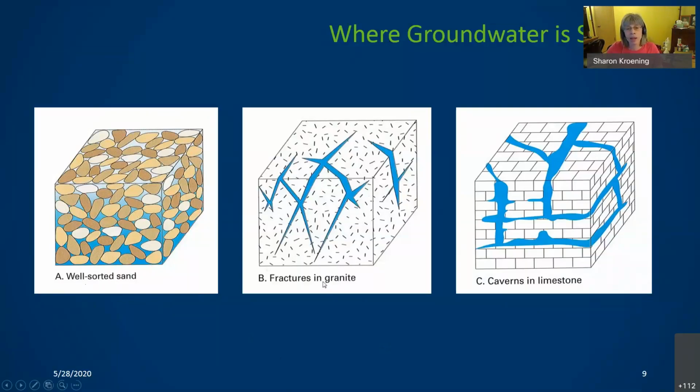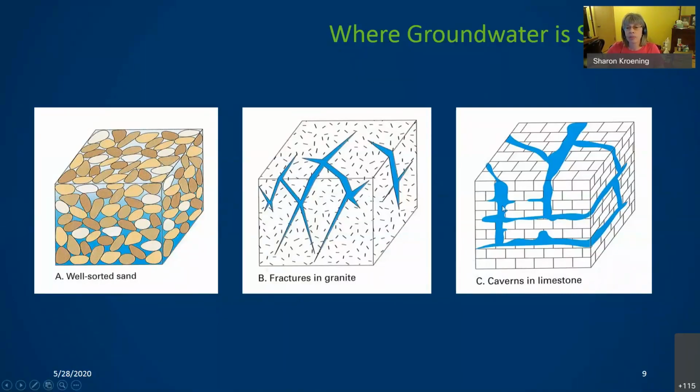The remaining groundwater, as I said, is stored in fractures in rock, like what's shown here in image B, which depicts fractures in granite, which mainly would be a source of groundwater in northeastern Minnesota and parts of southeastern Minnesota. The image in box C shows the fractures that occur in limestones, which are a great source of groundwater throughout the state of Minnesota.